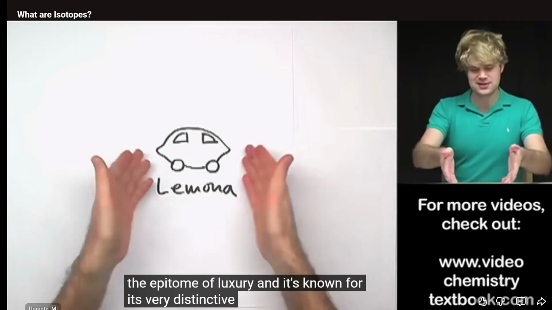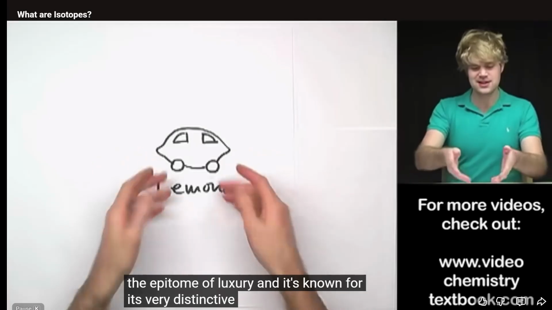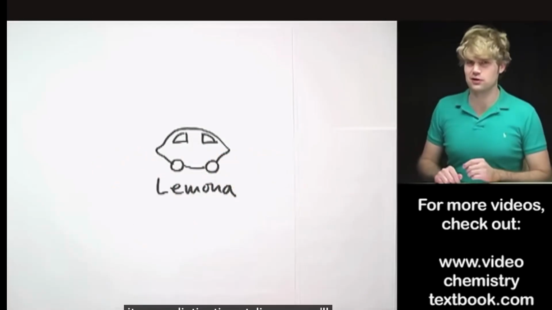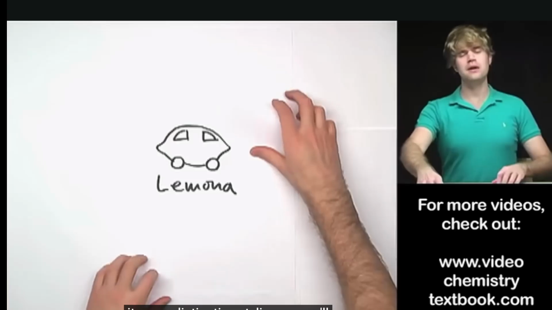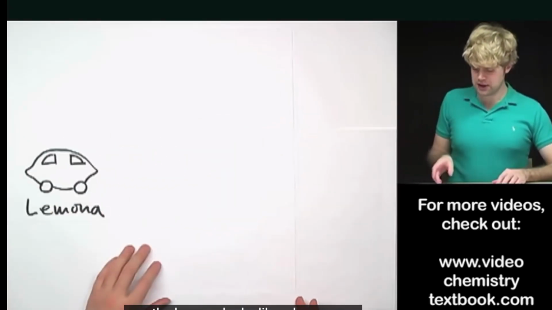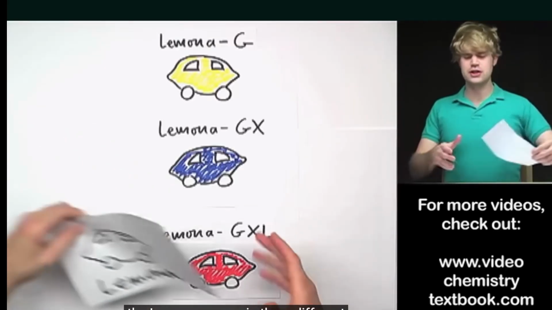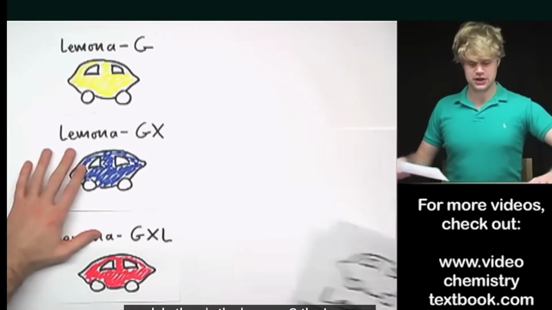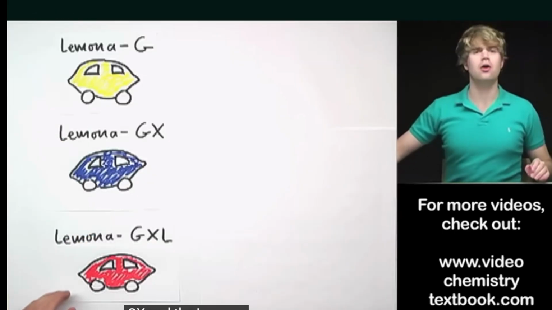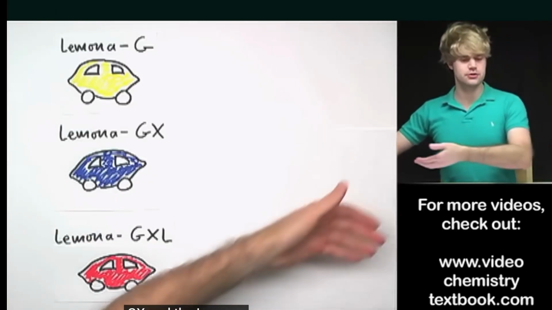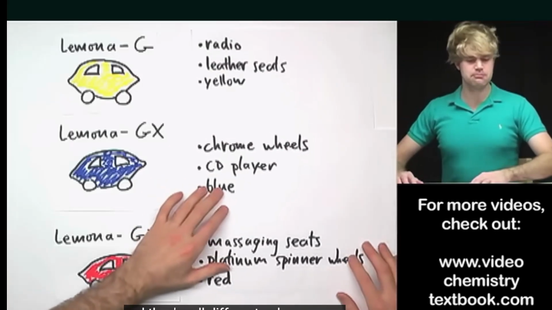I want to talk to you about the made-up car called the Lamona, the epitome of luxury, and it is known for its very distinctive styling. As you'll see, the Lamona looks like a lemon. Now, the Lamona comes in 3 different models: the Lamona G, the Lamona GX, and the Lamona GXL. They're all different colors.